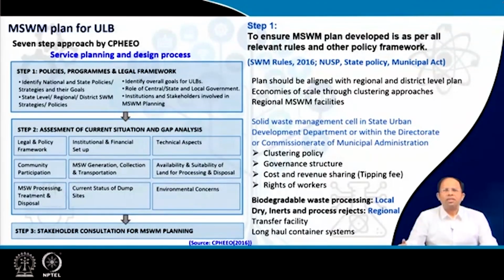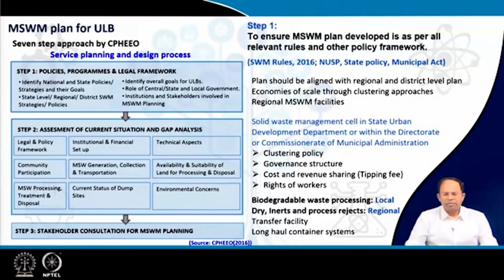And after that comes the draft plan preparation and then implementation plan, then stakeholder consultation, and all these things are also part of that. So we will talk about that later. But first, let us talk about step 1, which is to understand what are the policies, programs, and legal frameworks which influence the preparation of municipal solid waste management plans.